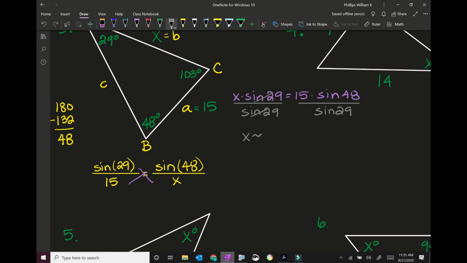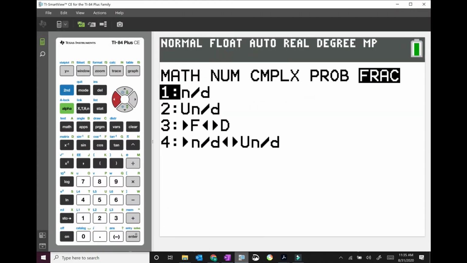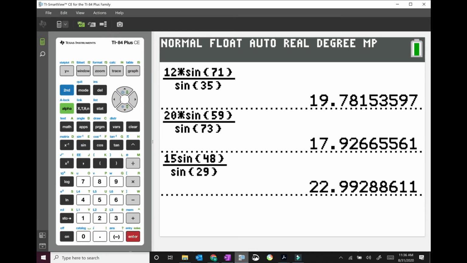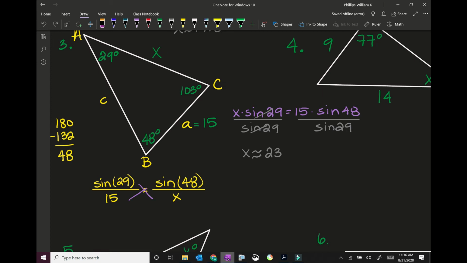So we have 15 divided by sine 48, and that is over sine of 29. So this is going to give us 23. So x here is approximately 23.